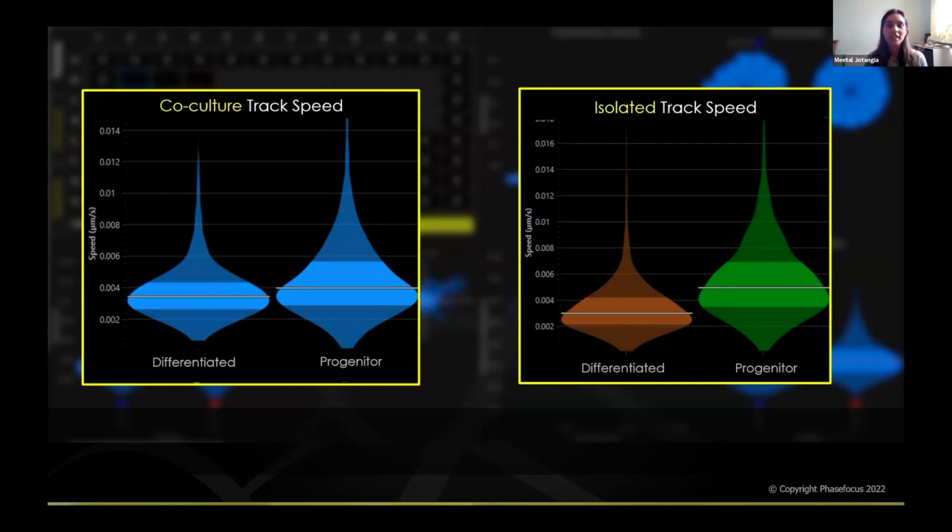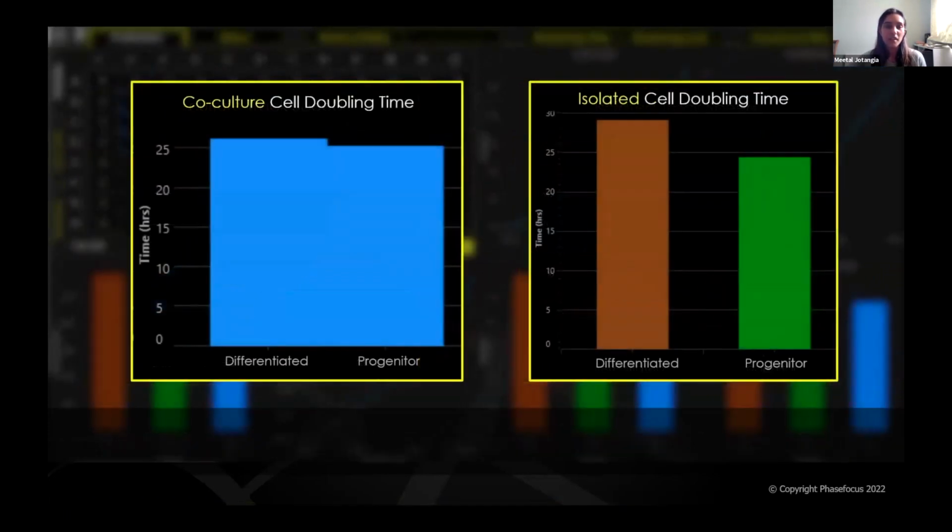So it seemed like whether the cells were in isolation or co-culture, they clearly had a similar pattern in that differentiated cells were slower than the progenitor cells. But we also saw that the differentiated cells seemed to proliferate a lot faster when they were in co-culture with progenitor cells than when they were isolated. So it definitely seemed like some sort of signaling mechanism was causing that.